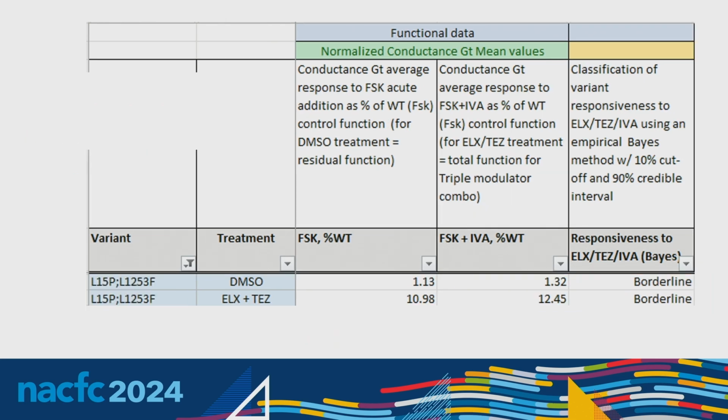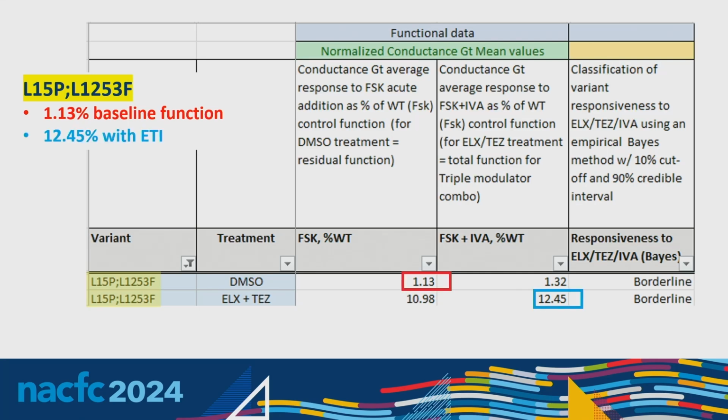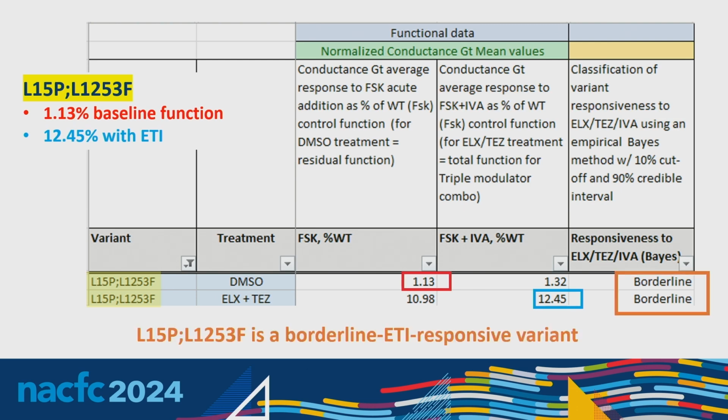Here's one that's a little bit less clear. This is actually one of the complex alleles. So L15P in cis with L1253F. Baseline function just over 1%. I'm going to skip the other 2 and just go straight to ETI function, 12.45%. And so you say, well, Karen, you told me the threshold was 10% and 12 is higher than 10. What's going on with calling this borderline?